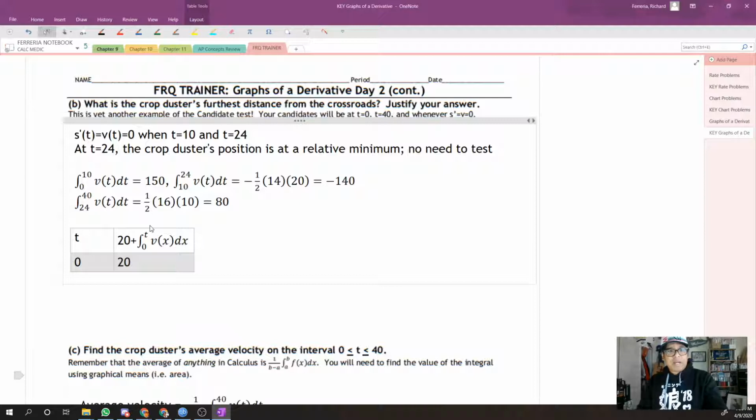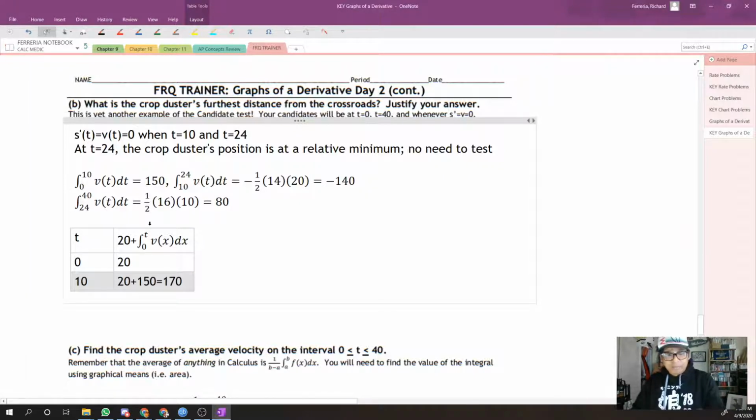Right, next thing we're going to test is t equals 10. This integral right here becomes the integral from 0 to 10, and the integral from 0 to 10 is 150. So the position becomes 20 plus 150, which is 170. Next line.